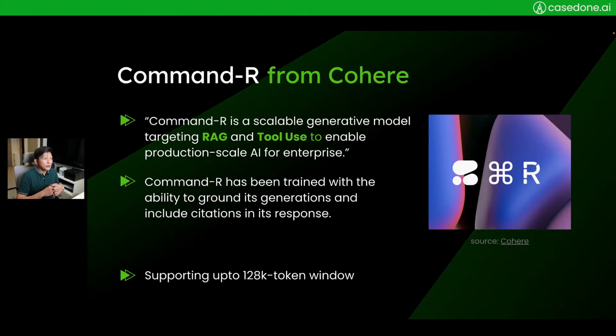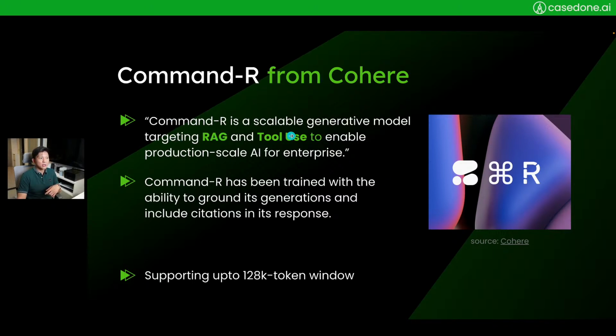The next one, I would like to mention a model called Command R from Cohere, which is a Canadian company. From its website, it says Command R is a scalable generative model targeting RAG and tool use to enable production-scale AI for enterprise.